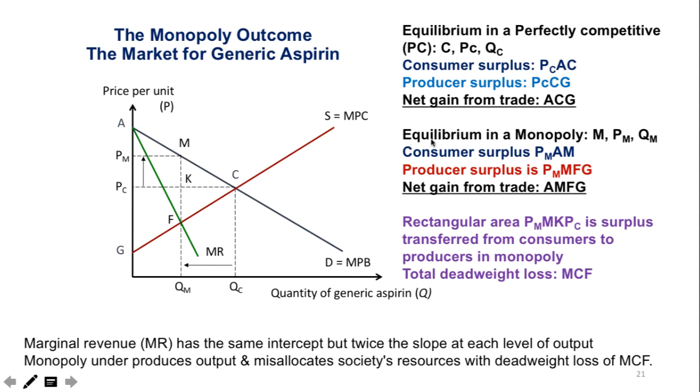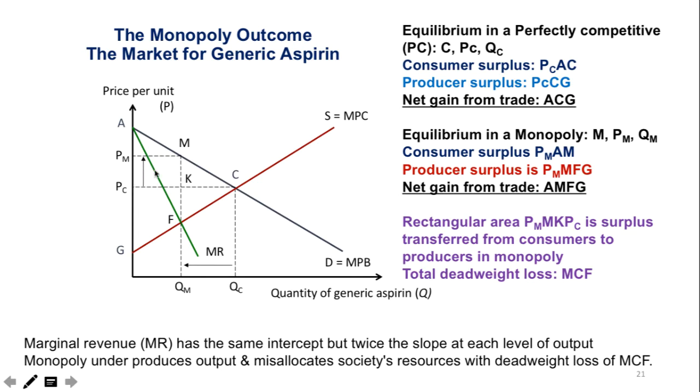We see that equilibrium in a monopoly is at point M. The quantity is QM and the price is PM. So the consumer surplus here is PMAM. This is much smaller than PCAC, which was the consumer surplus in the perfectly competitive market.